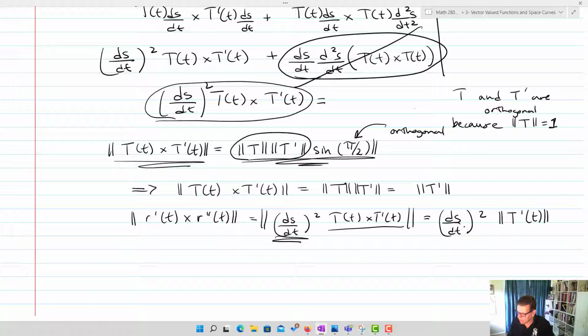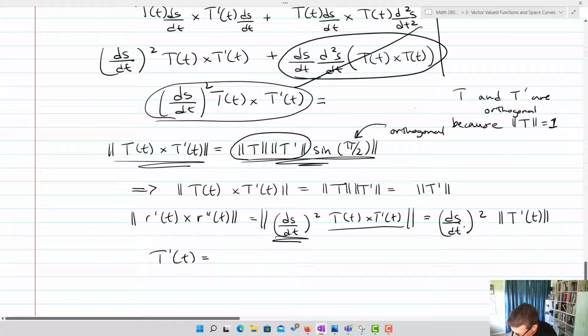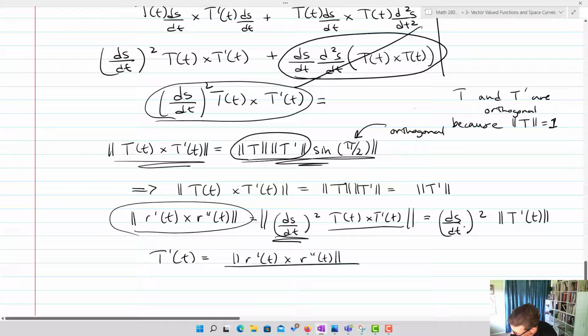Now, solving for the magnitude of T'(t), remember ds/dt is the magnitude of r'(t). So the magnitude of T'(t) is going to equal the magnitude of r'(t) crossed with r''(t) divided through by the magnitude of r'(t) squared.